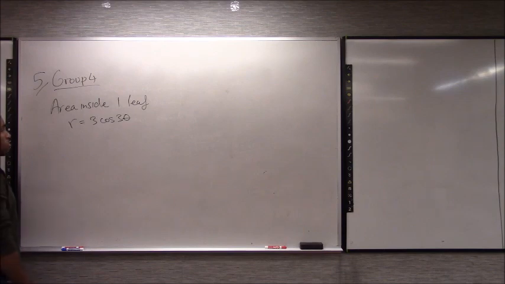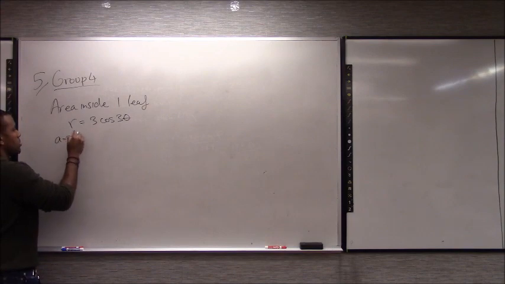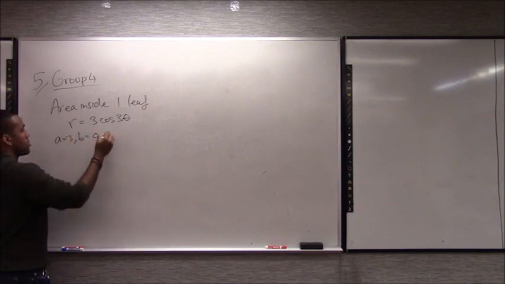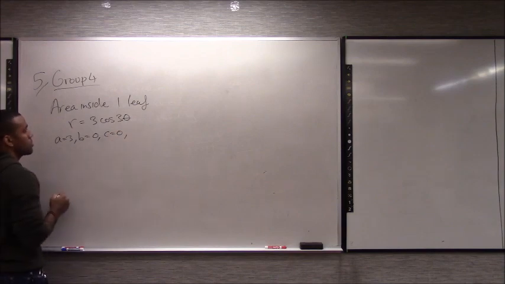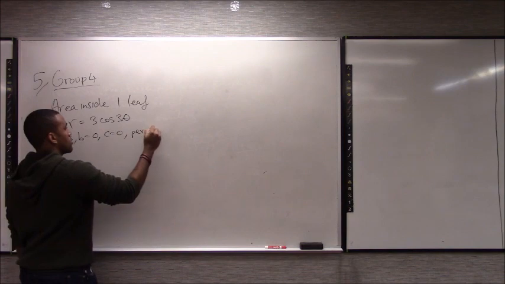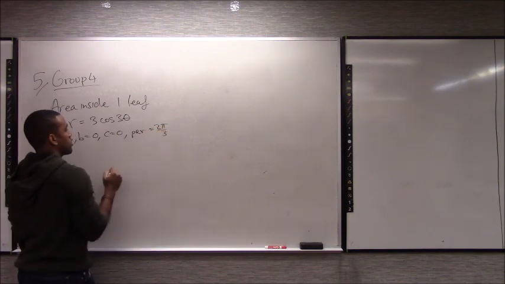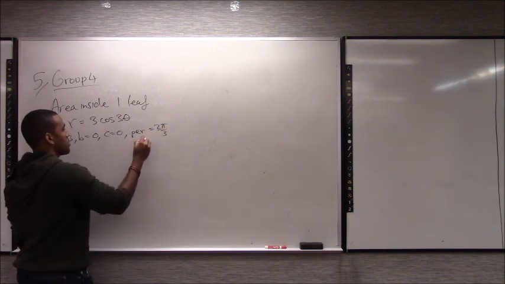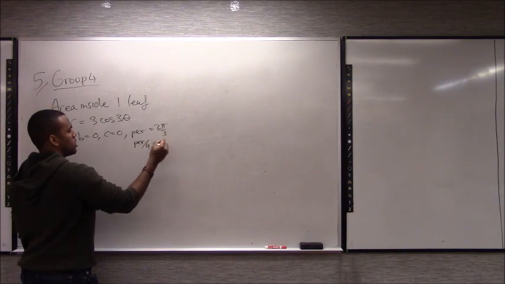We started off with the r theta graph. We knew that our A was 3, B is 0, C is 0, and then our period is 2 pi over 3. And then the graph is over intervals that go into 4, which is pi over 6.